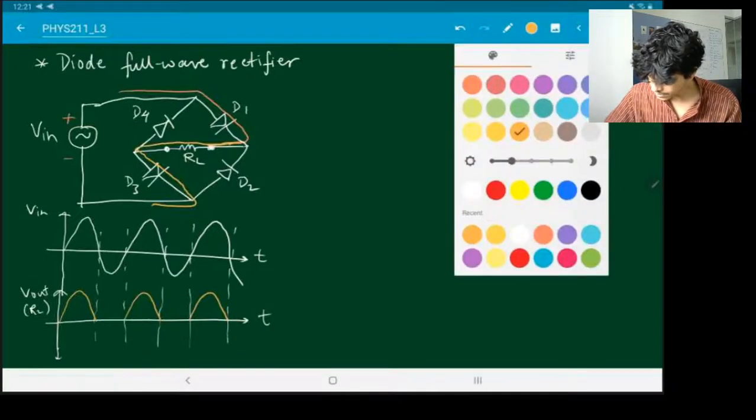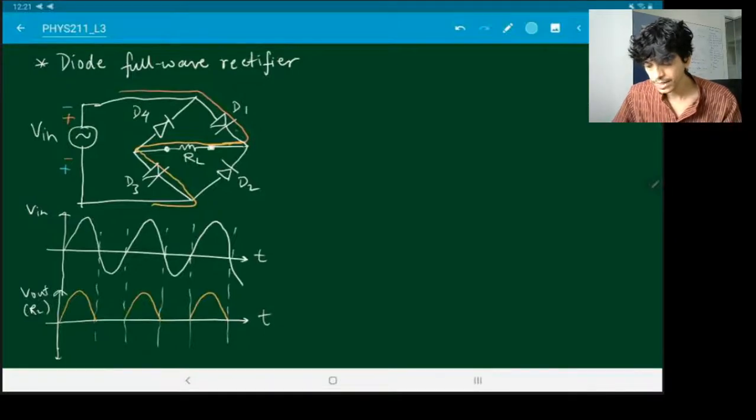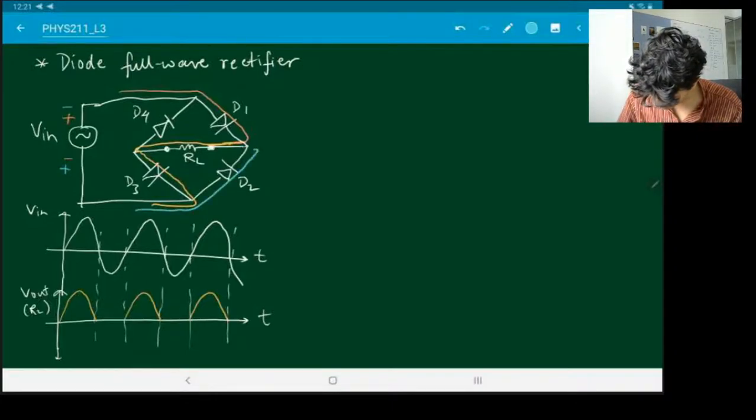During the negative half cycle, so when this side is positive and this side is negative, now D1 and D3 have become reverse biased, but D2 and D4 will become forward biased, so they will conduct. And now the current will flow in this fashion.